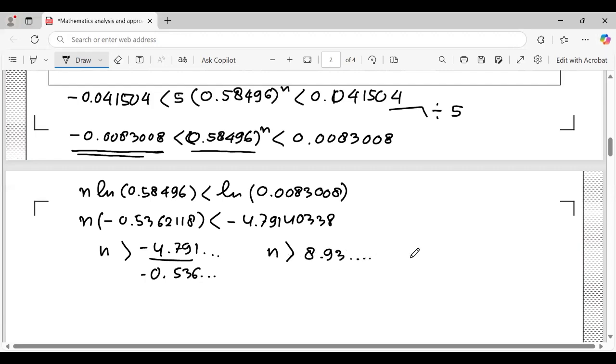So you have to use the smallest integer, the nearest integer for this inequality. So the conclusion, the least value of n is 9.